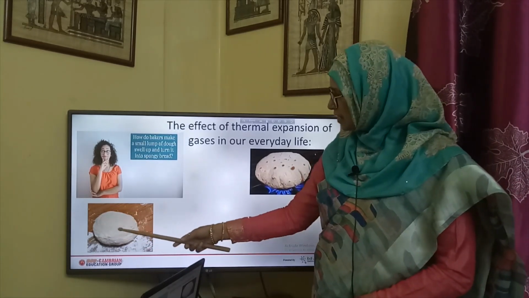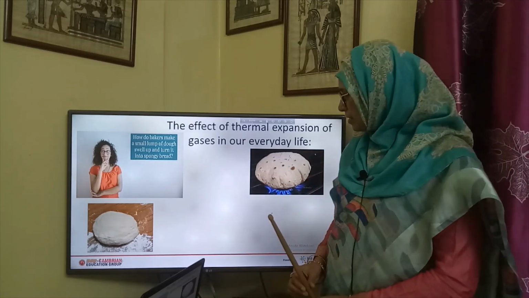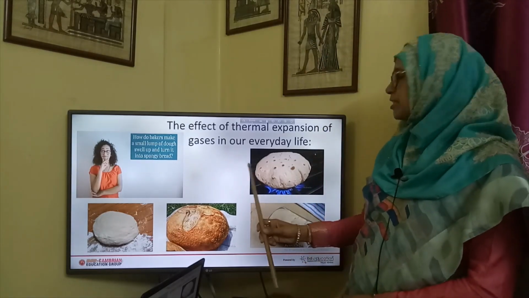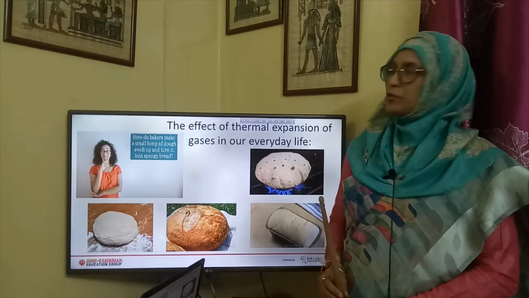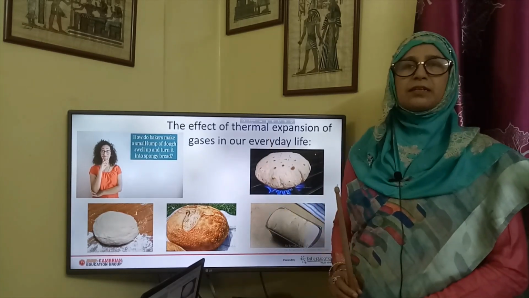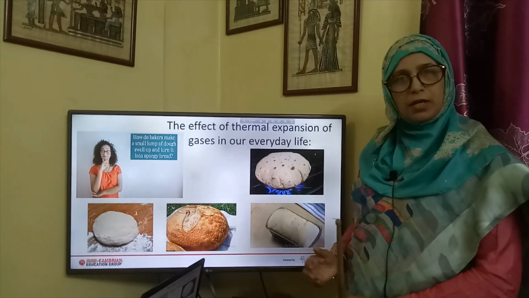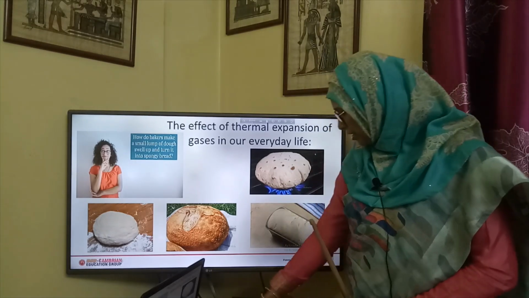So water inside the dough is turned into vapor, and due to application of heat, it will expand more and the bread swells up. So this is the everyday expansion of gaseous substance. This is an example from our everyday life.